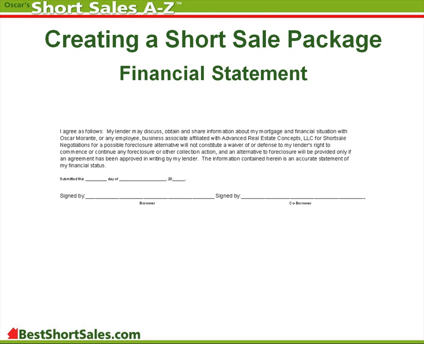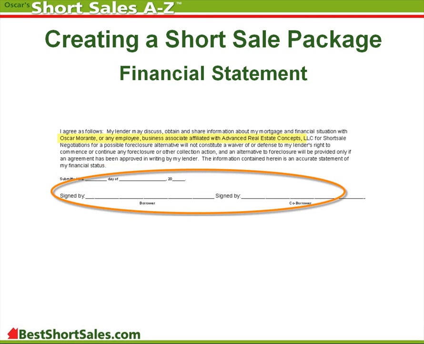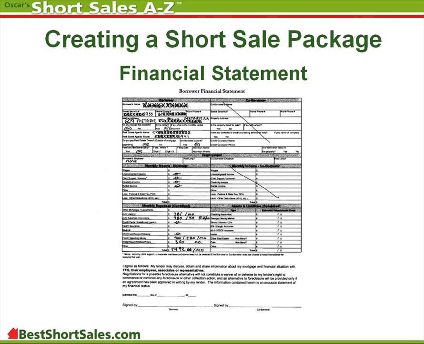It is important that the name of the company and name of the person doing the short sale be stated in the form. Of course, they want the date of the statement and signatures. The financial statement is a simple form. However, the homeowners struggle with it.